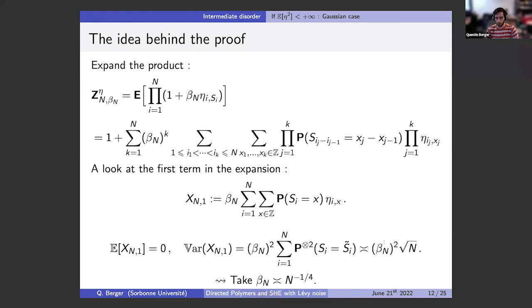So the variance is of order beta n squared times square root of n. And this tells you that if you want the first term to converge, you want the variance to converge. So you want to take beta n to be n to the minus 1/4. Okay, so that was just a quick calculation. It's just to show that the n to the minus 1/4 is not mysterious. It just comes from a second moment calculation.